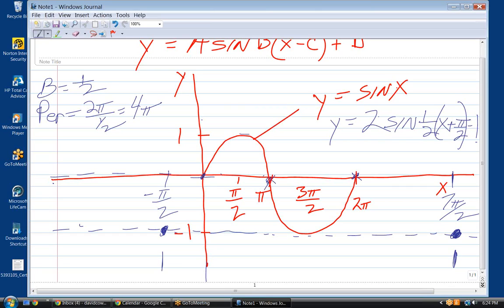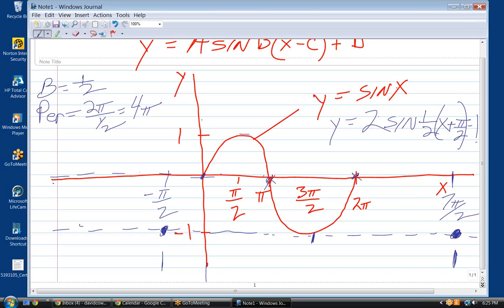So I now have my starting point. I now have my ending point. Well, let's quarter this thing up. Halfway between minus pi over 2 and 7 pi over 2 is halfway 3 pi over 2? Uh-huh. The way you get that is add these two things together and divide by 2.